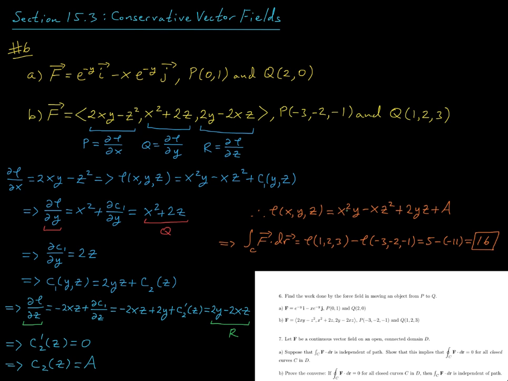You're just looking for a function whose x derivative is this expression, whose y derivative is this, and whose z derivative is this. So if you play around a little bit, you might be able to arrive at this potential function a little bit faster than this systematic approach.